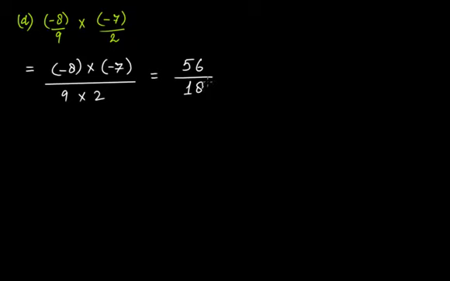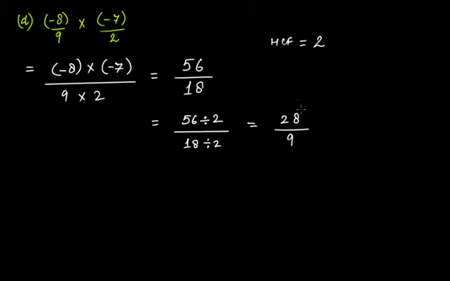Now, if you have to simplify it, find the highest common factor of 56 and 18, and you get 2. So what you have to do is 56 divided by 2, and then 18 divided by 2, and you get 28 over 9. So this is the answer for this one.